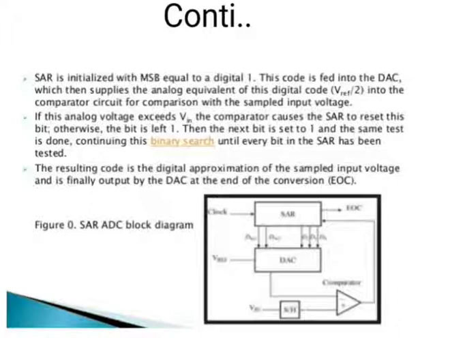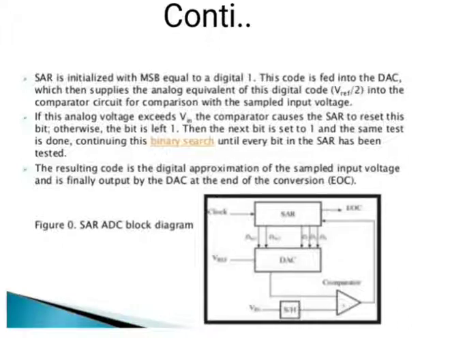So this figure shows the SAR ADC block diagram, in which a clock is given to the SAR block. The output of this is end of conversion. Then d0, d1, dn-2, dn-1.